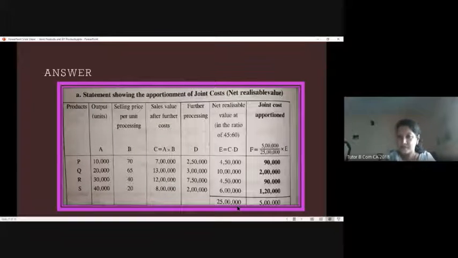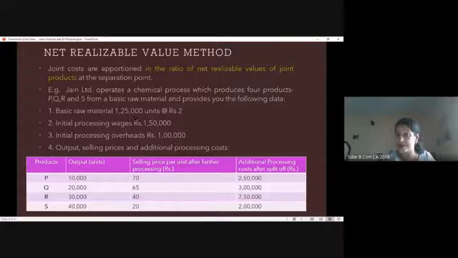And then what we do, we are allocating the cost, the proportionate allocation of cost based on the sales value. So what we do is we find out what is the total of net realizable value. Here in this case, it is 25 lakh. And we know that the total of cost is 5 lakh. How?